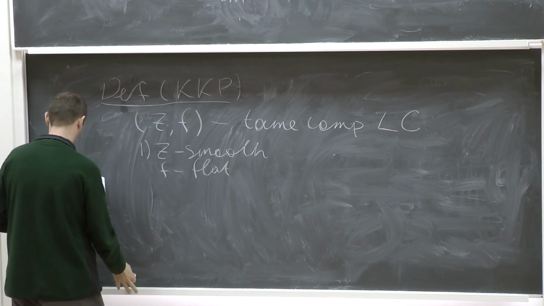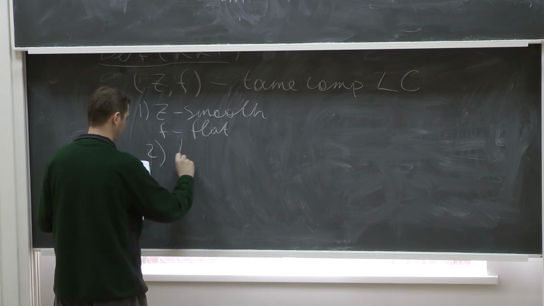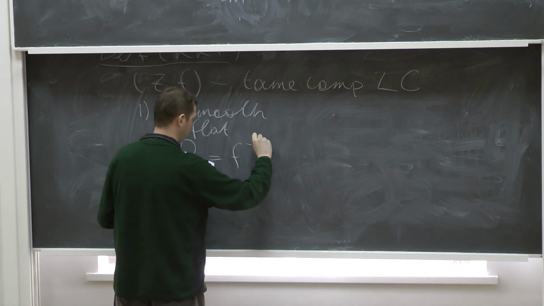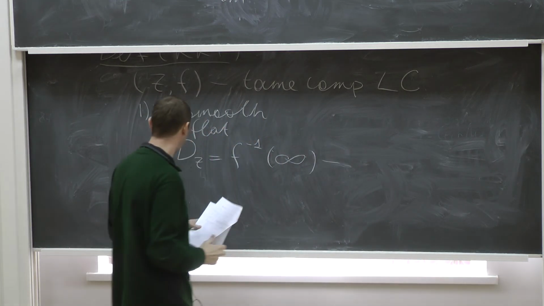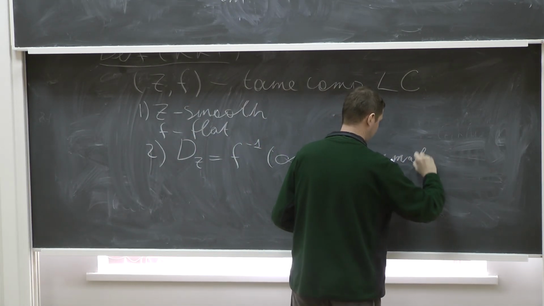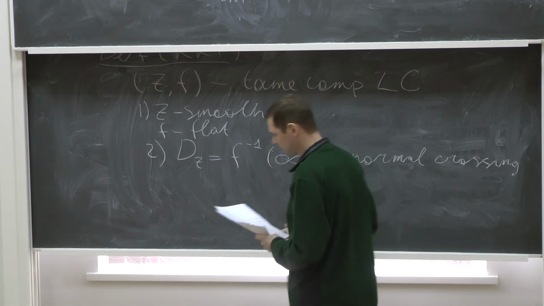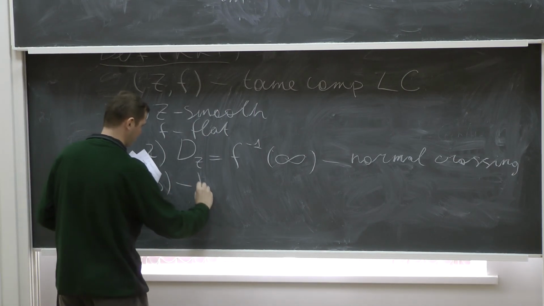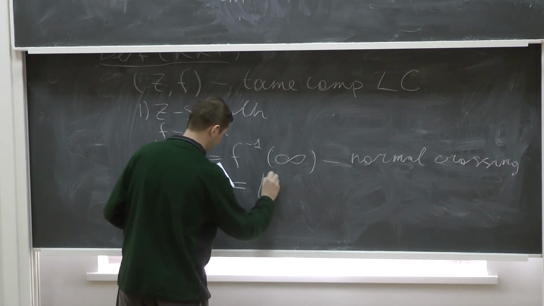And f is just a flat morphism. The second condition is about the fiber over infinity, denoted by D_Z. Usually it's reducible, but we assume that it's normal crossing. So in particular, it's reduced, which we will use later. And the anticanonical class of Z is just a fiber, D_Z, or any other fiber.